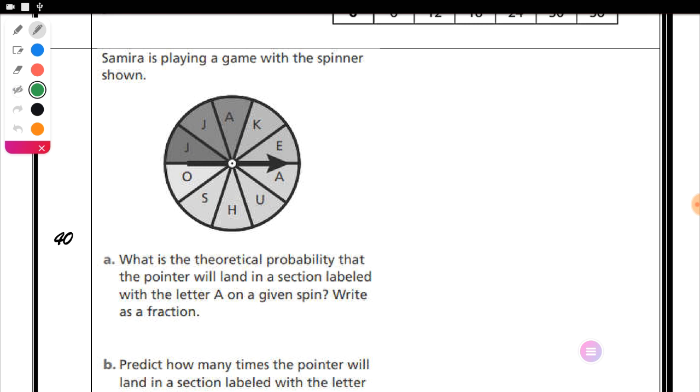The total number of outcomes is 1, 2, 3, 4, 5 times 2, which is 10. So it's over 10. For the probability of landing on the letter A, how many letters A? 1, 2. So it's 2 over 10, which is equal to 1 over 5. That's it.